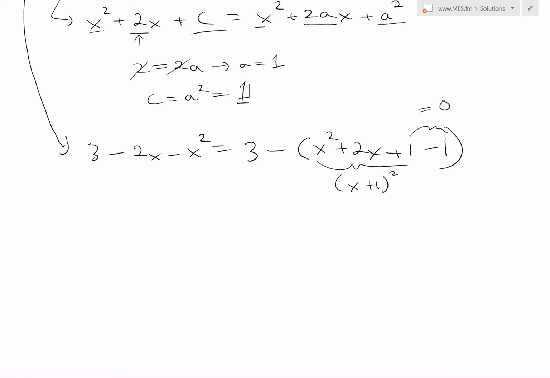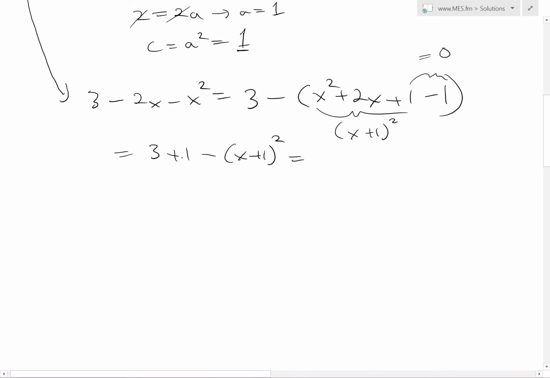So now if we simplify this further, taking the negative out of there, we get basically plus 1, because there's a negative of a minus, a plus 1, and then a minus x plus 1 squared.